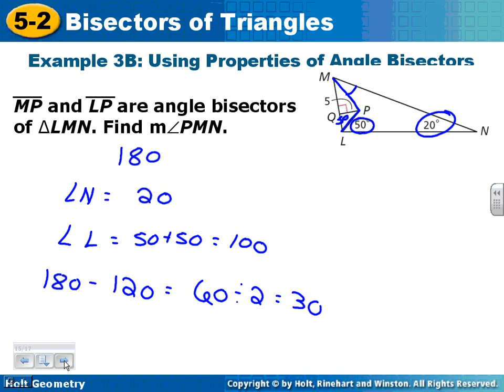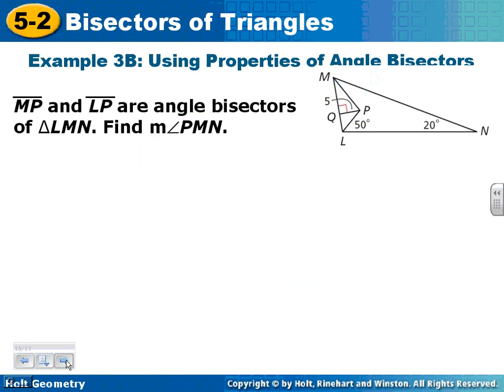So that means that this half is 30 and this half is 30. So my problem is, what's the measure of PMN? That answer would be 30. How do you know it's 30 and 30? Because it's an angle bisector. It splits the angle exactly in half.